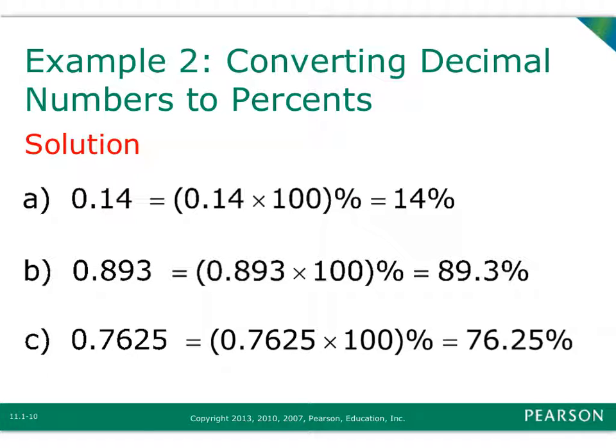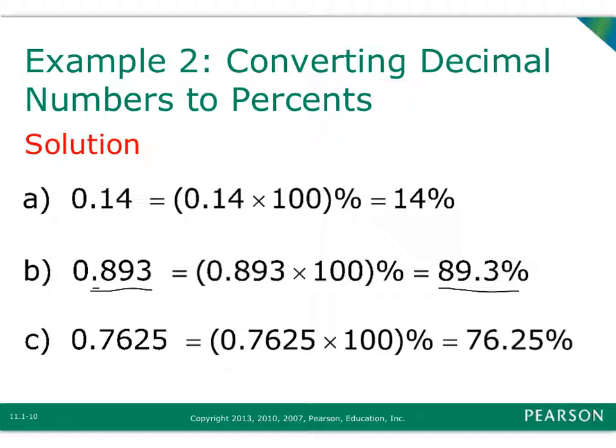So converting these numbers, we see that 0.14, if we multiply it by 100, we get 14%. If we multiply 0.893 by 100, we get 89.3%.